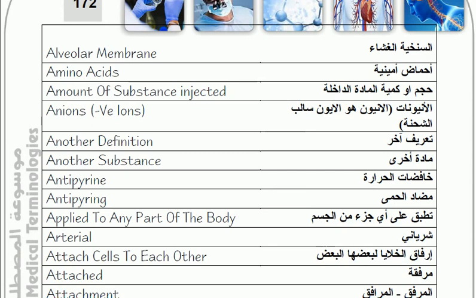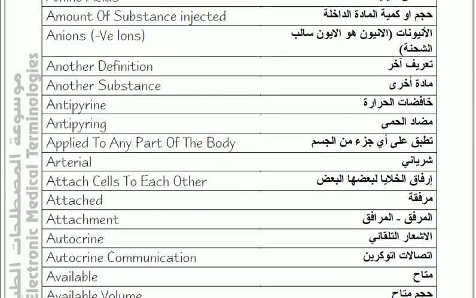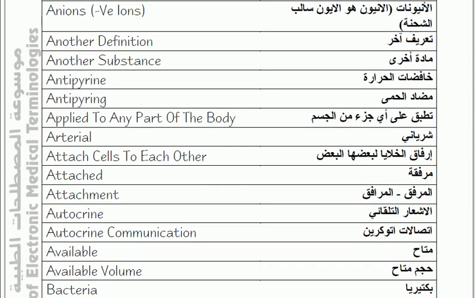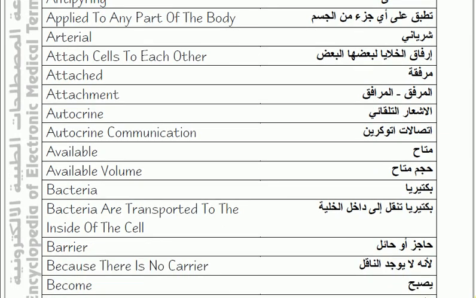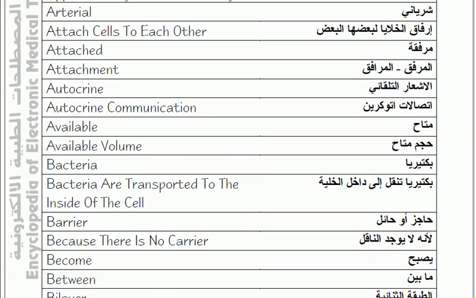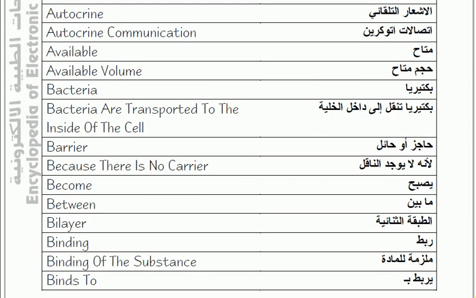Amount of substance injected. Anions. Another definition. Another substance. Antipyrine. Applied to any part of the body. Arterial. Attach cells to each other. Attached. Attachment. Autocrine. Autocrine communication.